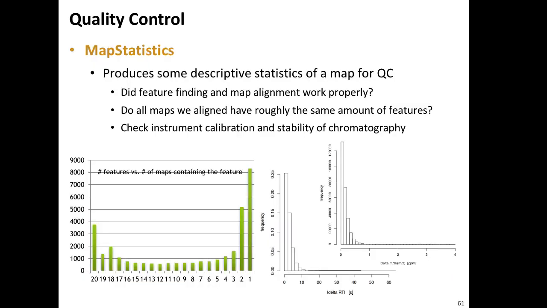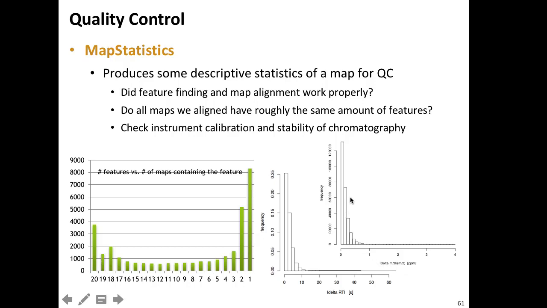You can do that in various ways. You can do simple map statistics. And there are a few things that I would like you to keep an eye on. One thing is, just by looking at this consensus map, you can extract some statistics. And these are distributions. This is the distribution of the mass to charge shift.